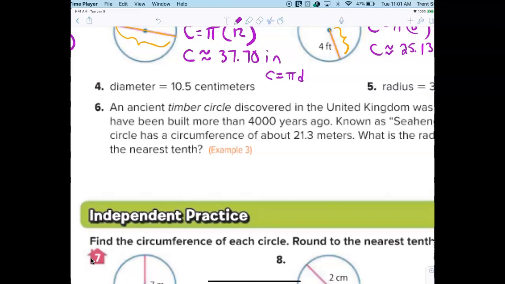And then its circumference equals pi times 21. Oh wait, that's the diameter. Yep. Pi times 10.5. All right, now I'm looking for the approximation.